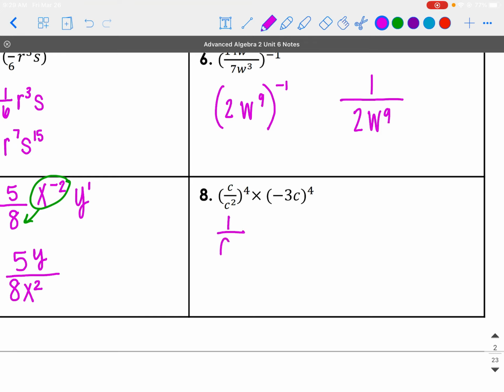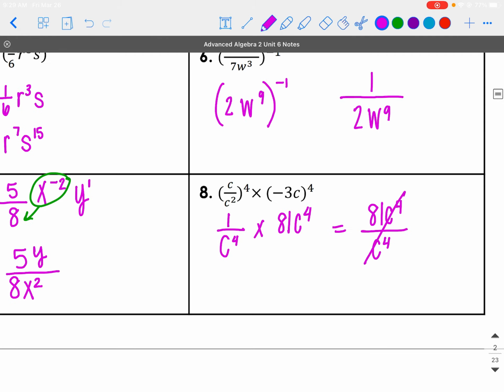So this is really 1 over c to the 4th times negative 3 to the 4th power is 81, and then we have c to the 4th. So this is really 81 c to the 4th over c to the 4th. Those cancel. My answer is just 81.